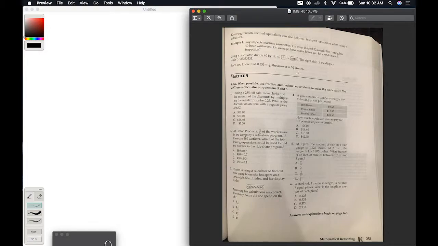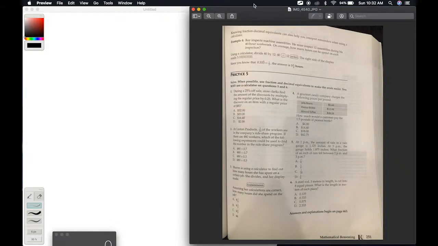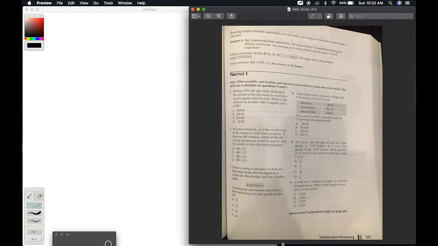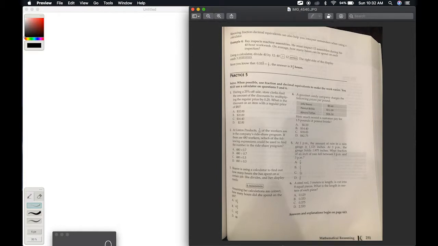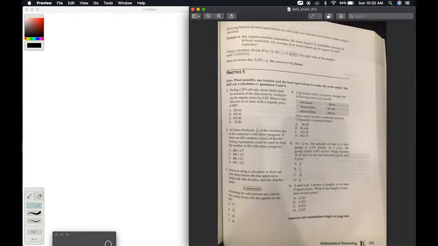Okay, so this is our actual work page here. And if you need to, you should probably read over that first page, just kind of get somewhat of an understanding of what we're going to do here. Okay, so here we have our first problem. Let me zoom in a little bit.